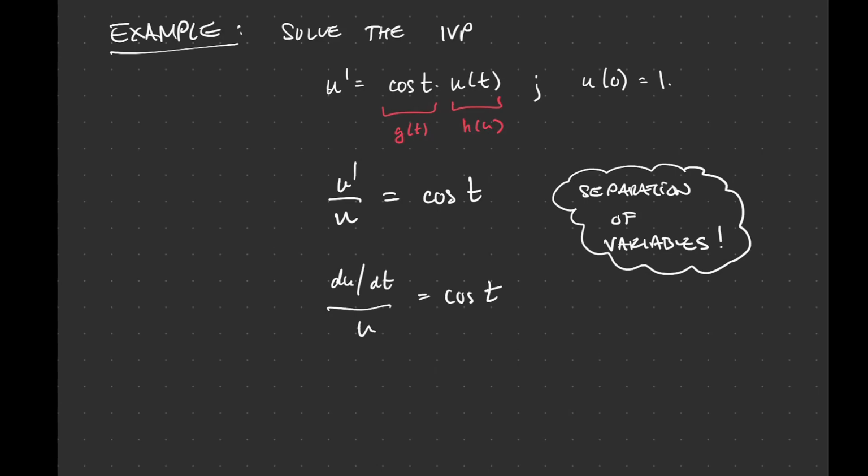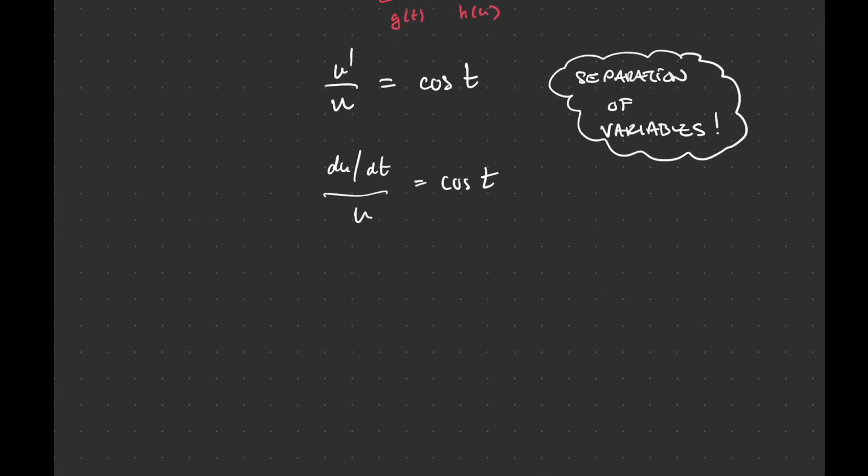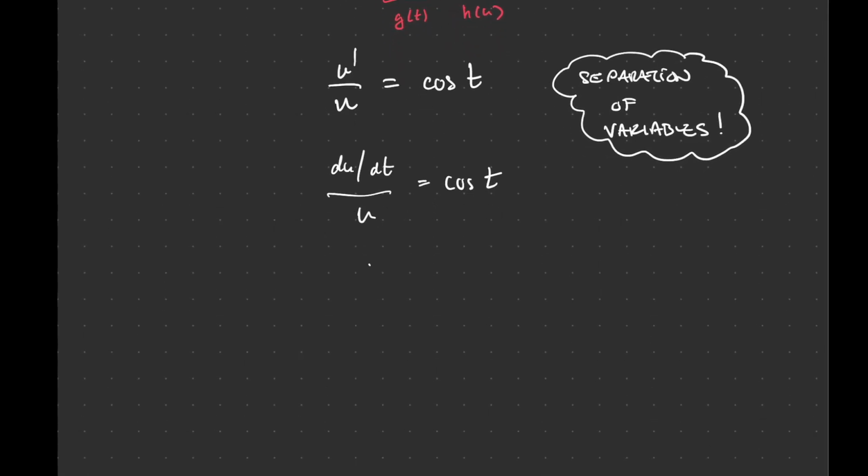So what you could do is, quote unquote, multiply both sides by dt and be left with du over u equals cos t dt. Okay, and then you can integrate both sides. That's fine to do that.